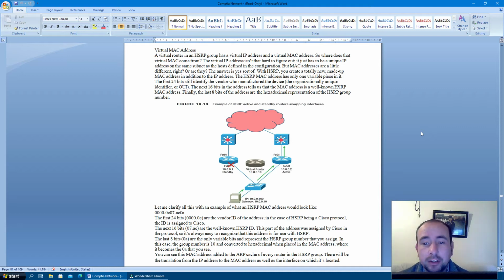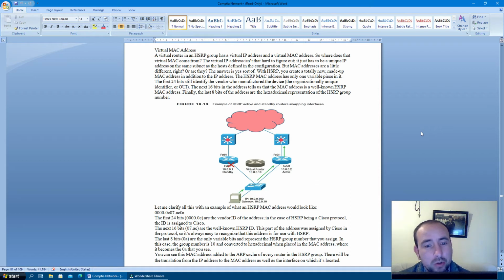But the MAC addresses are a little different, right? Or are they? The answer is yes, sort of. With HSRP, you can create a totally new, made-up MAC address in addition to the IP address. The HSRP MAC address has only one variable piece in it.